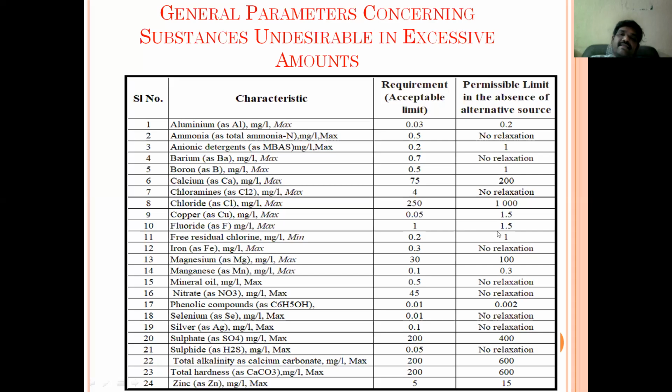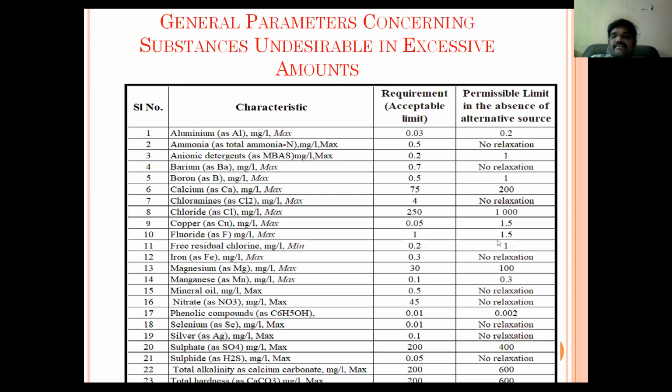This is the slide. See here, in this slide, you are clearly visualizing the acceptability limit, in the sense, when you can give the accessibility of water to the public, as long as all these chemicals are within the limit.